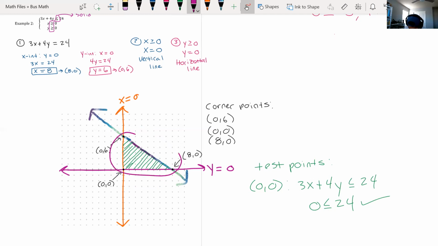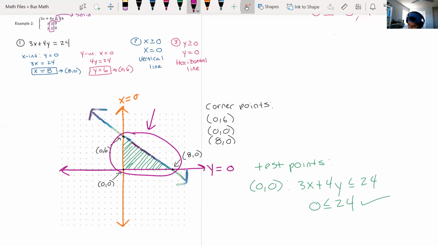So in the situations where it's not bounded, it's because you have infinite solutions in one direction. Like on the last problem, everything kept going out that way, which means you can't put a circle on it because all those points would be solutions. So it's infinitely many solutions for those, which means it's unbounded. But since we're trapped in the first quadrant, we can bound it, and this is our feasible region.